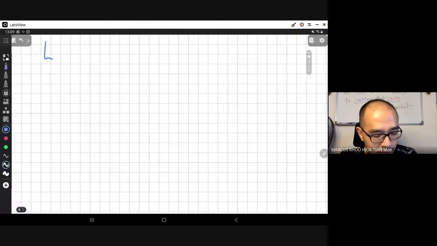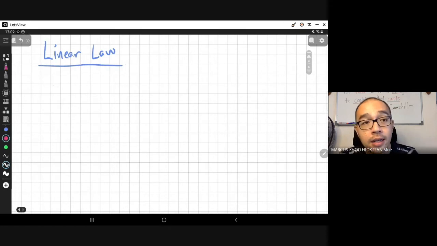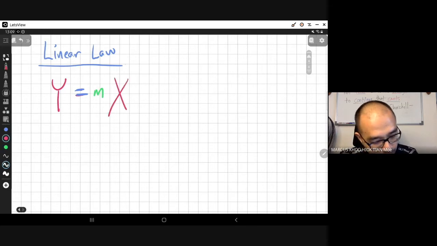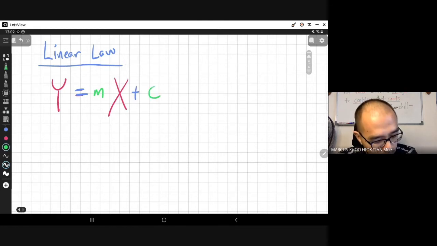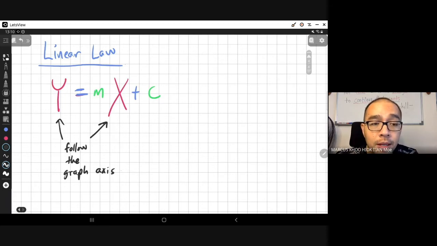Okay, let's talk about linear law. The most important thing about linear law is this one equals to mx plus c. And in linear law, the y and the x, we follow the graph axes.